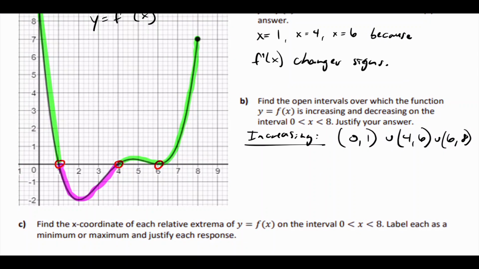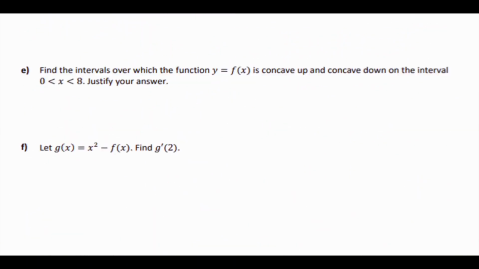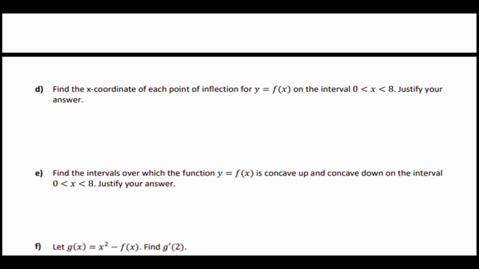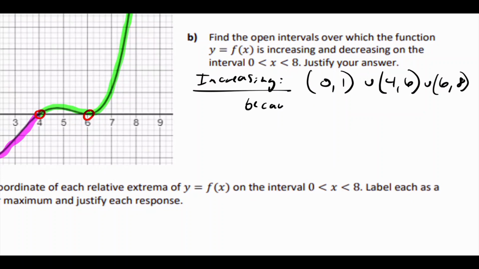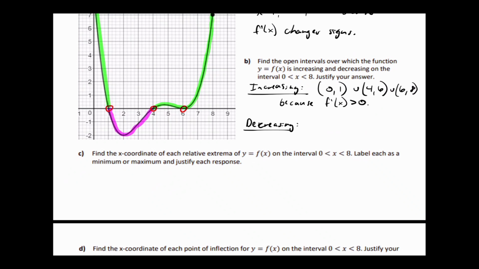Okay, so let's go to our justifications. Where is it increasing, decreasing? Increasing, because f prime of x is greater than 0. Okay, decreasing. There's only one interval where it's decreasing, from 1 to 4.